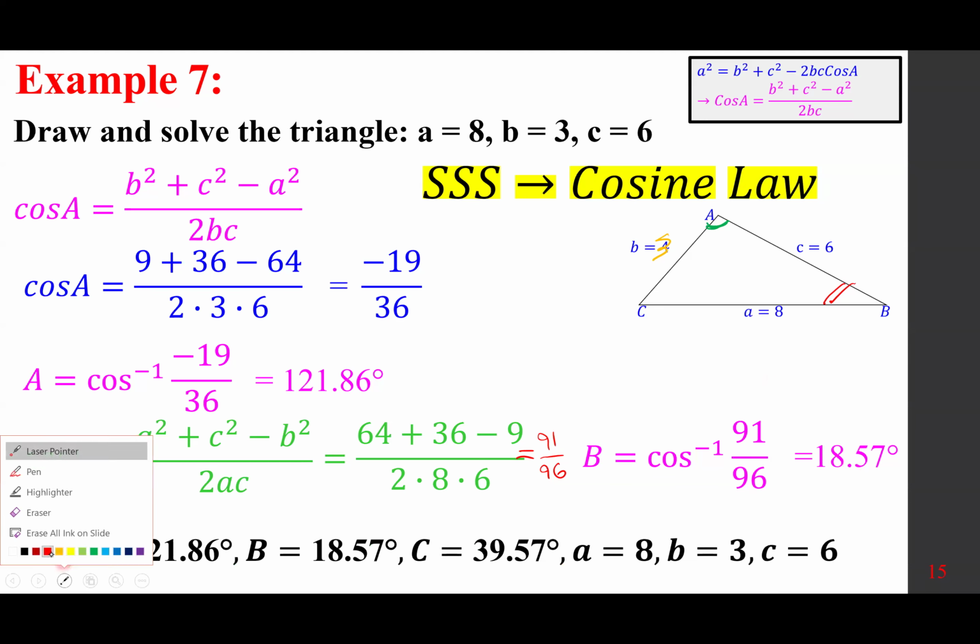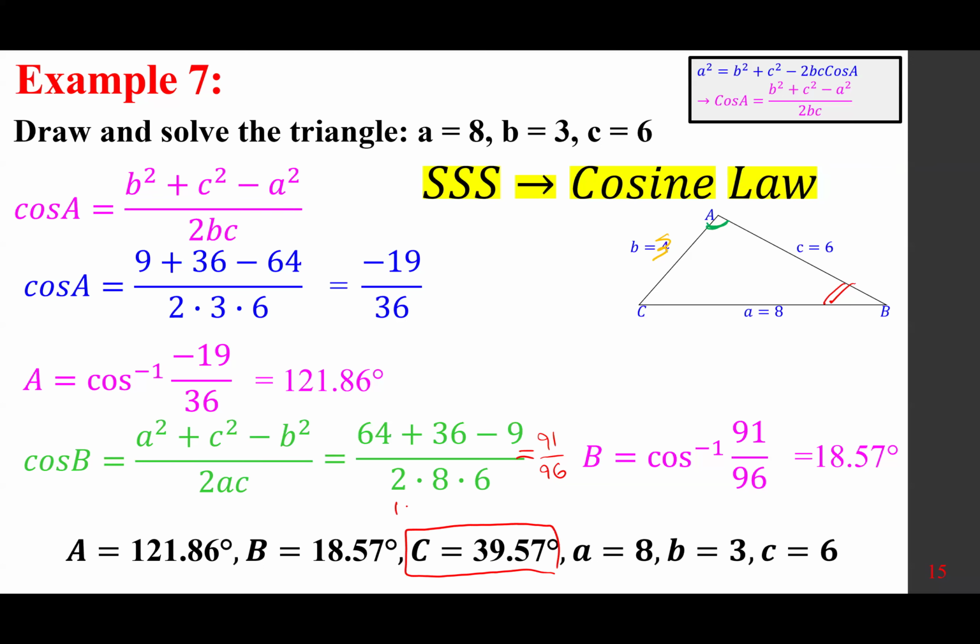I'll show you one more time. So this is 180 minus the sum of 121.86 and 18.57. That's what gives us 39.75 degrees, and we have all of the above.